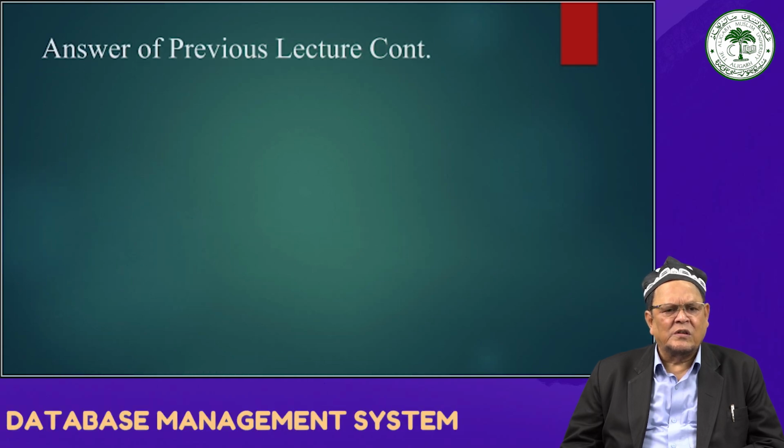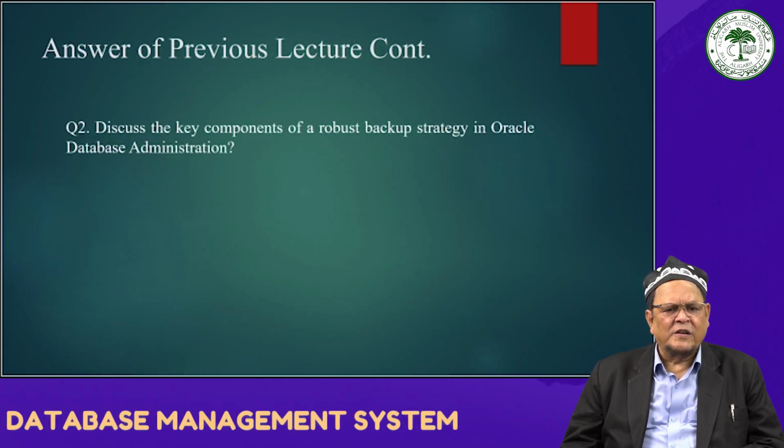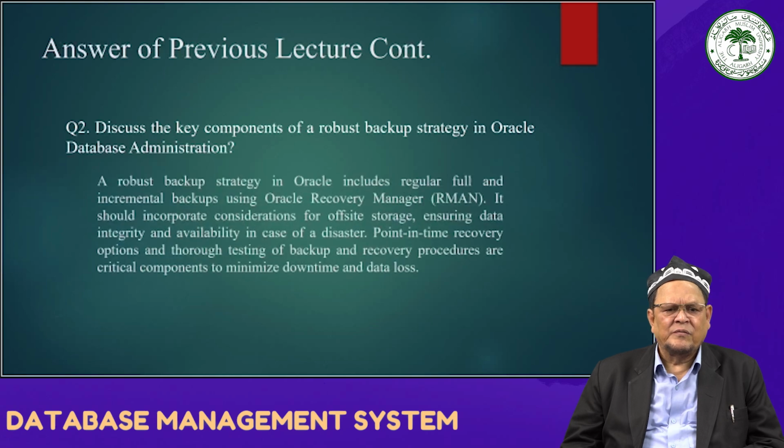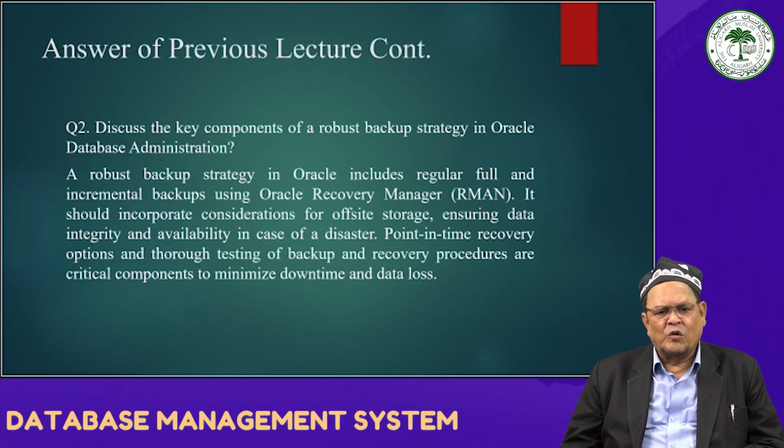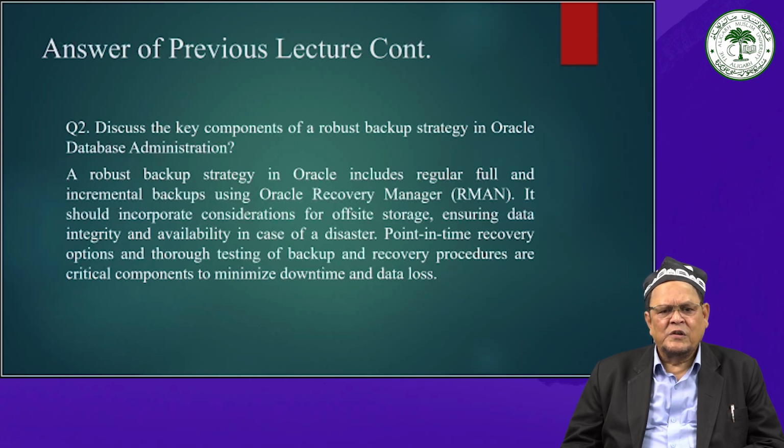The next question of the previous lecture was, discuss the key components of a robust backup strategy in Oracle database administration. The answer is, a robust backup strategy in Oracle includes regular full and incremental backups using Oracle Recovery Manager, RMAN.